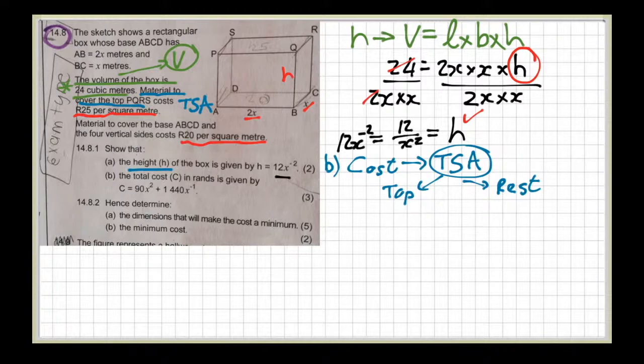The top part area, if I draw it, and they told me the top is PQRS, is 2x times x, because those are the dimensions. So the top part is 2x squared.